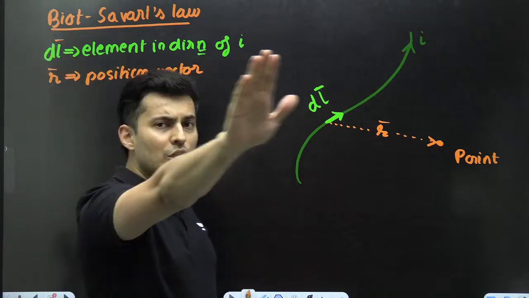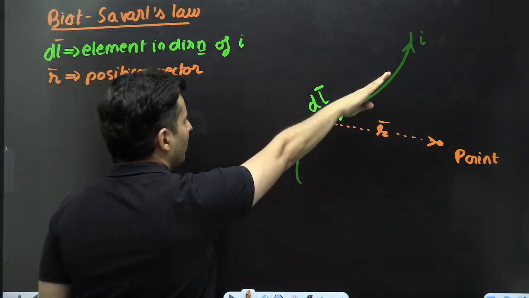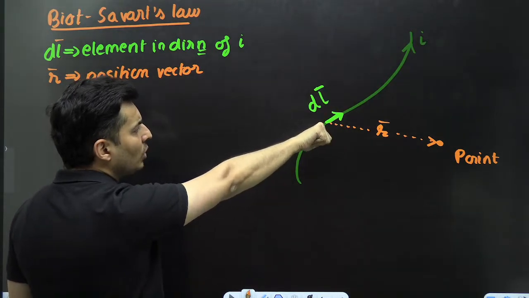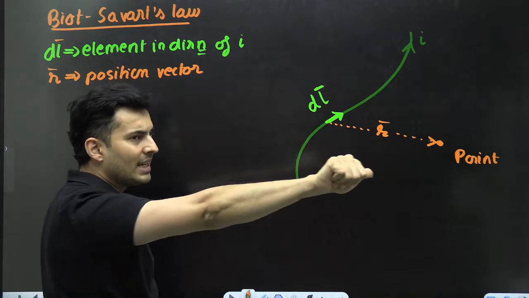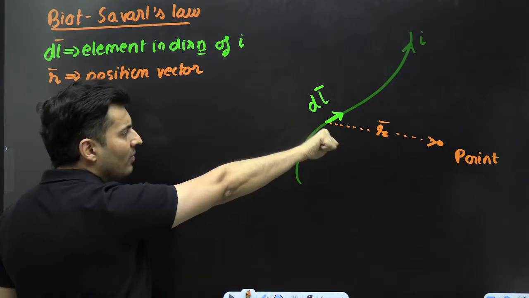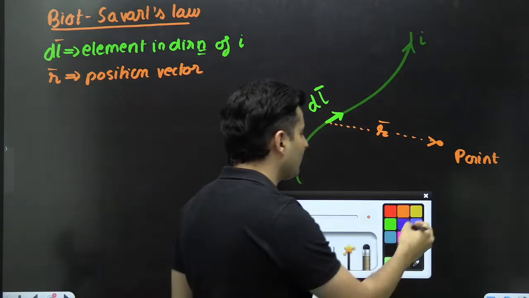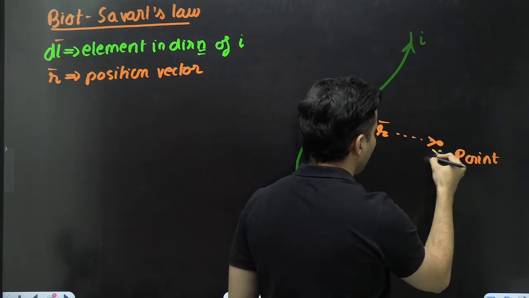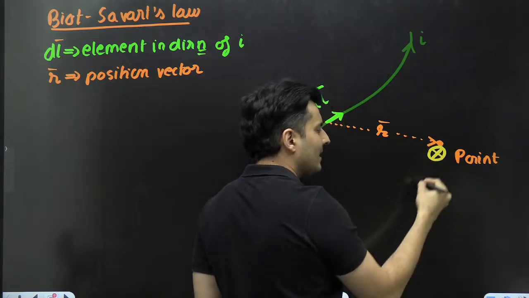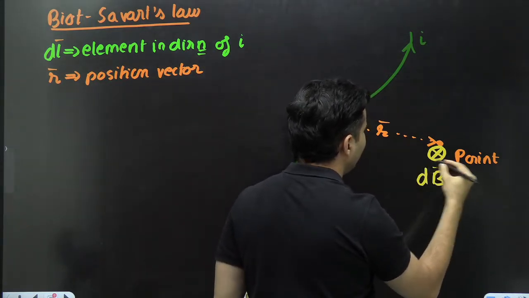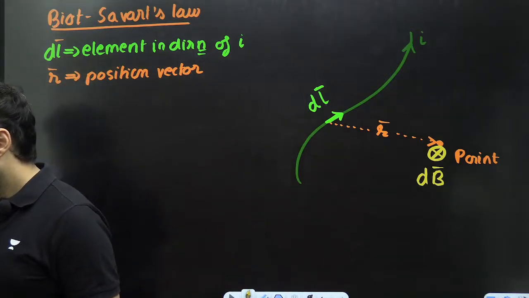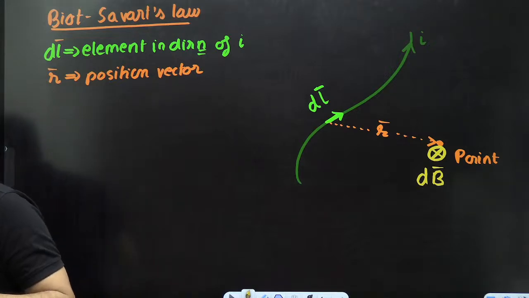Come on, everybody, use your right hand like this, point the four fingers in the direction of dl, slowly turn it towards r. Don't you see the thumb is going inside the plane of the board? The thumb obviously goes this way, so the magnetic field must be inwards, like a cross, inside the plane. So this is your small magnetic field dB. Is that much part understood? Everybody with me on this?